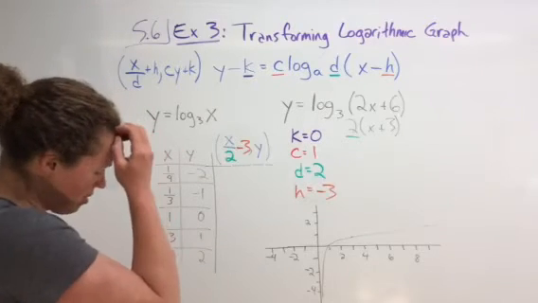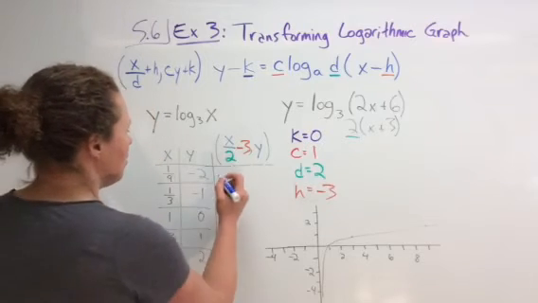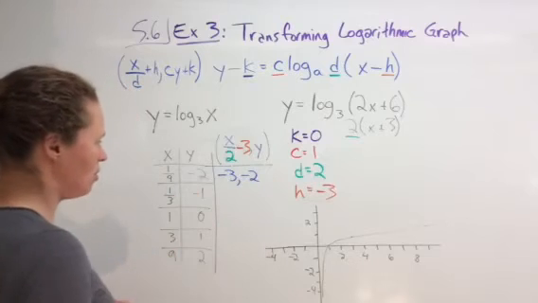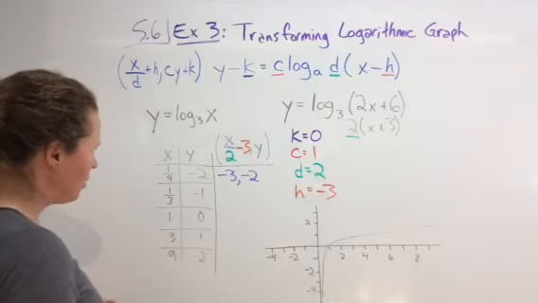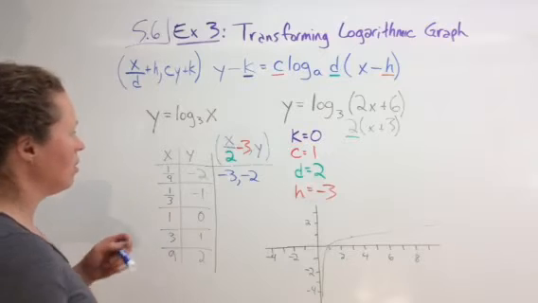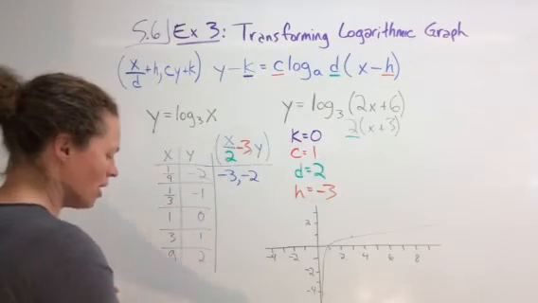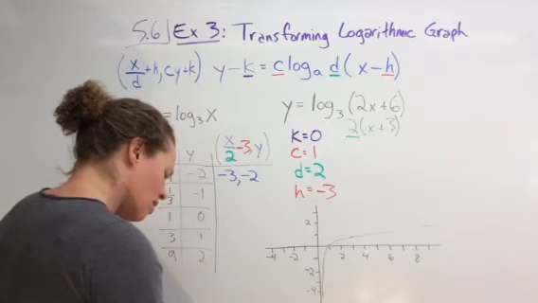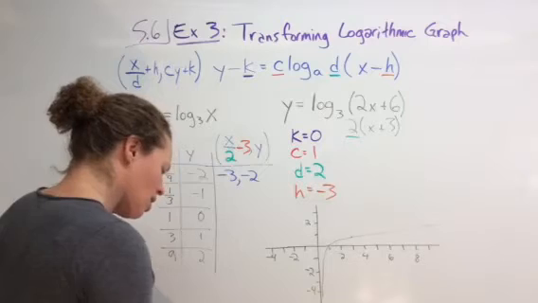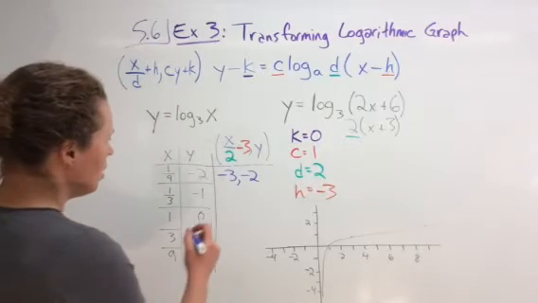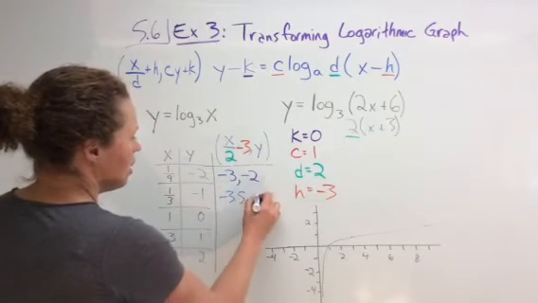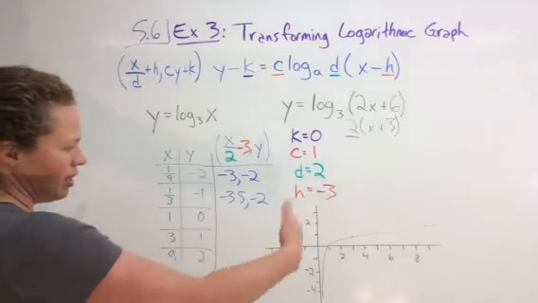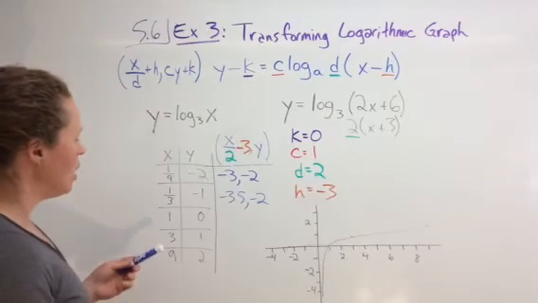So I'm just going to round that off to pretty close to negative 3 and negative 2 because the y didn't change. Now, 1/3 divided by 2 is 1/6, minus 3, gives us negative 3.5. So negative 3.5 and negative 2. We're just sketching these, it's not a really big deal. Those ones are going to be on that downward slope anyway, so whatever.